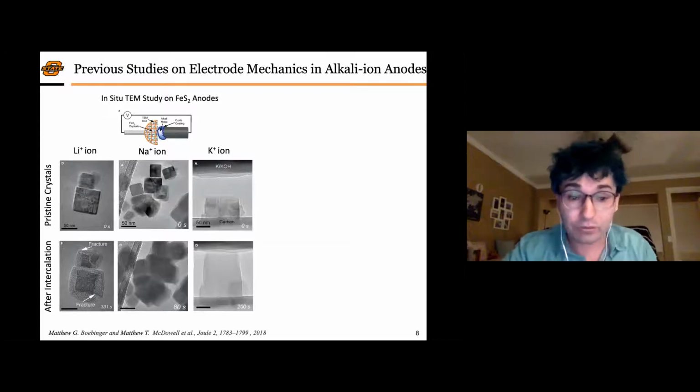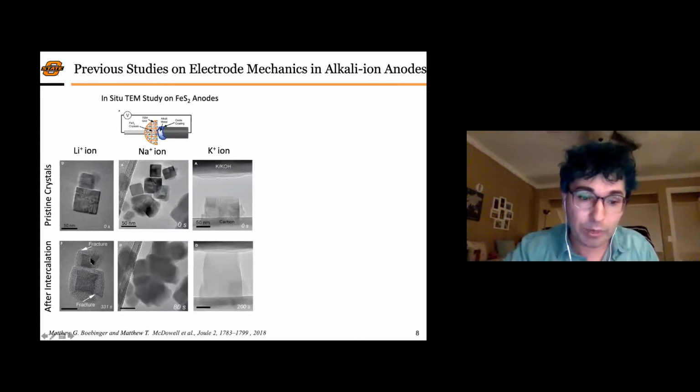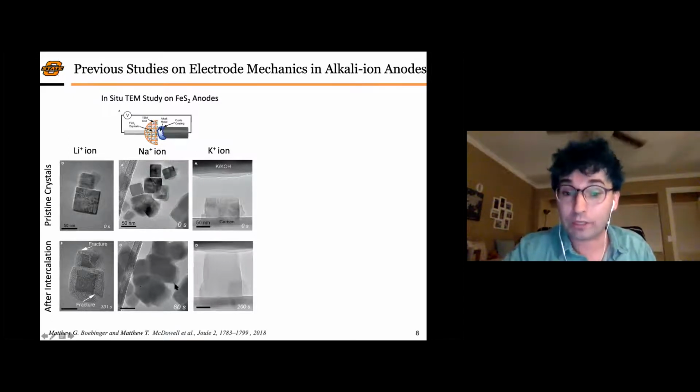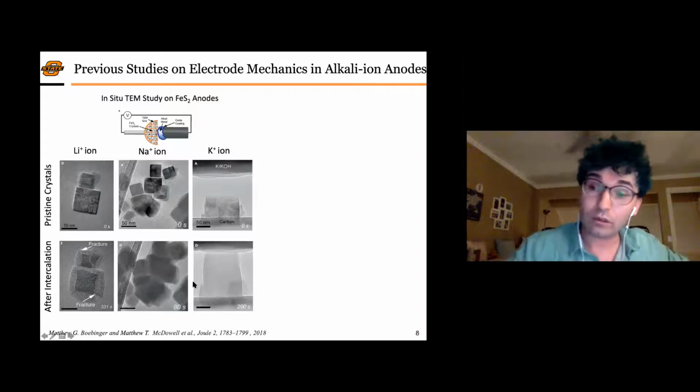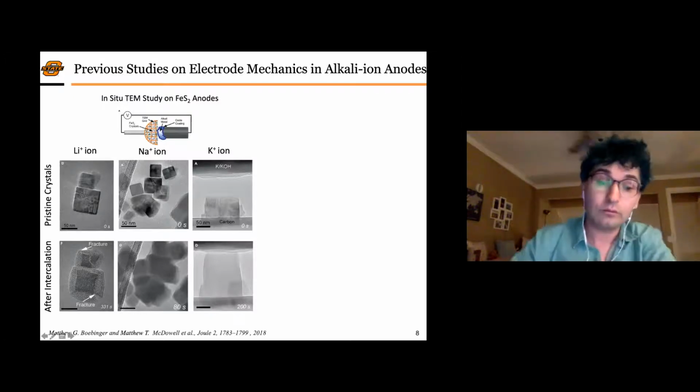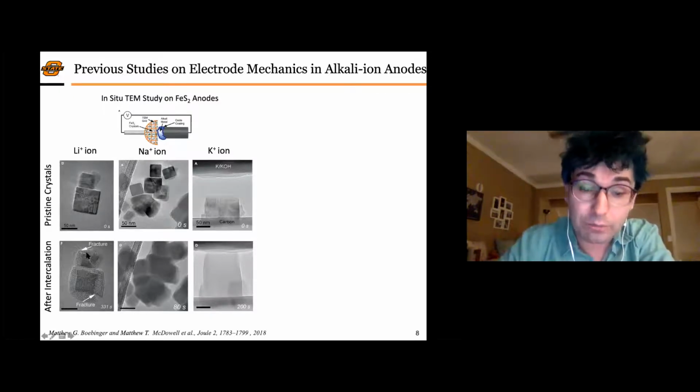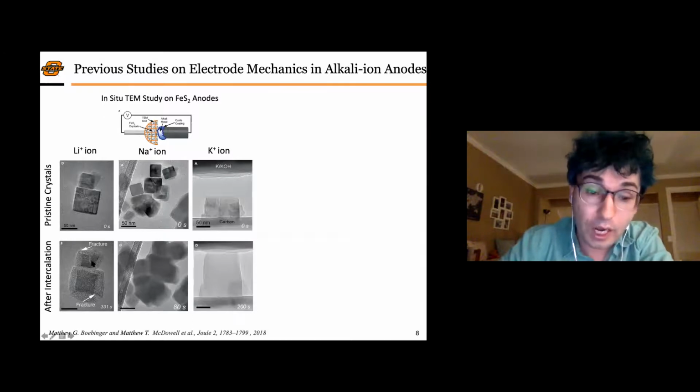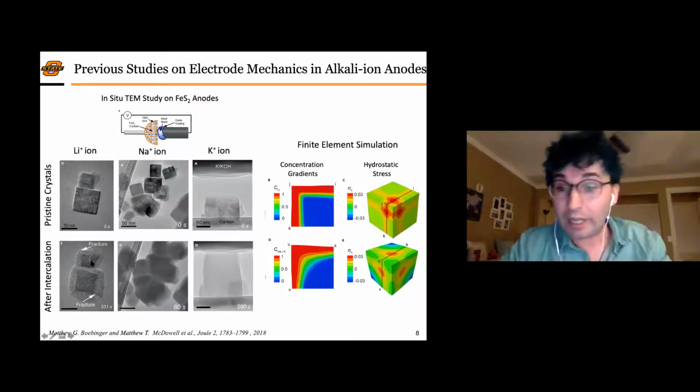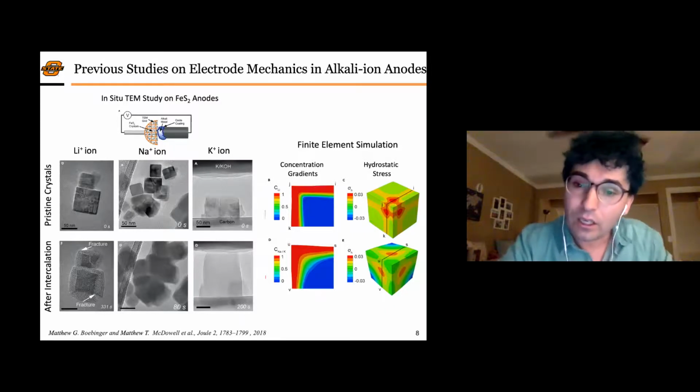On the other hand, what they observe is the expansion upon lithiation was smaller than potassium and sodium intercalation. However, lithium insertion into these particular electrodes caused fracturing. And later, they did the finite element simulation to look at the concentration gradients at the edges.